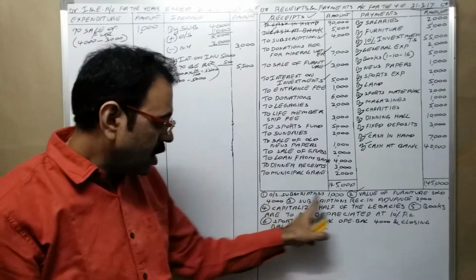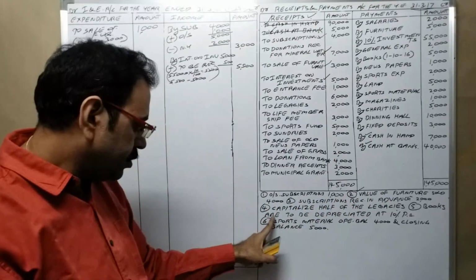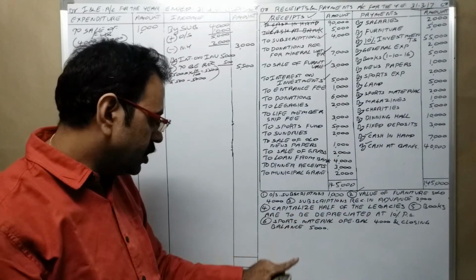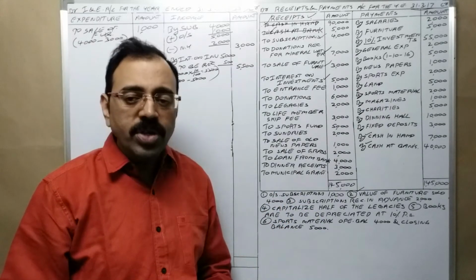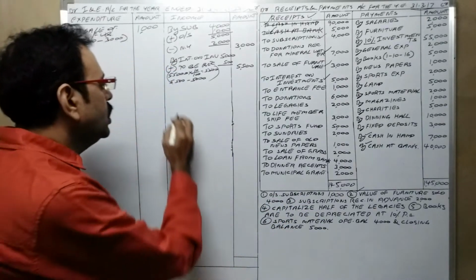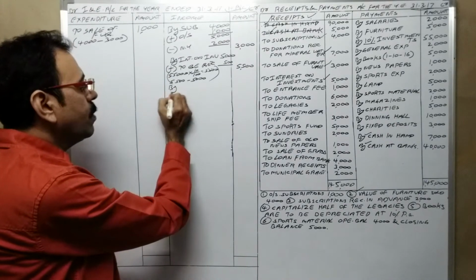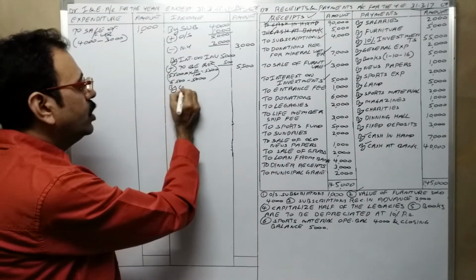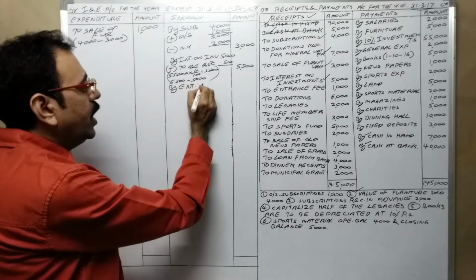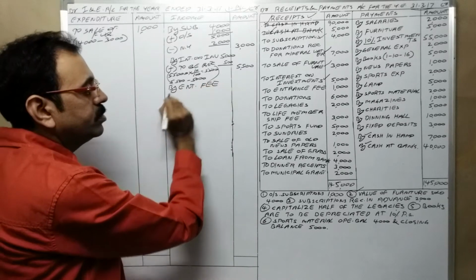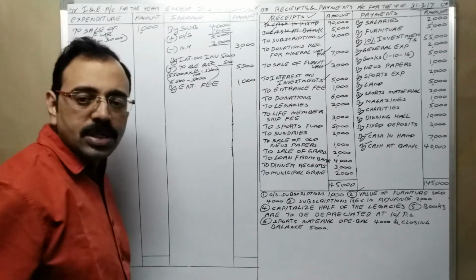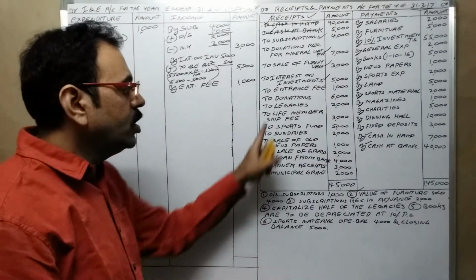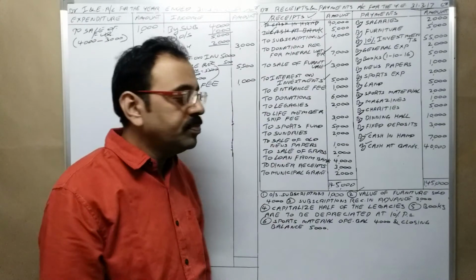Let us see the adjustments. Yes, nothing is given regarding entrance fees. Then what should we do? Treat it as revenue income and write it down on the credit side. Entrance fee, amount is 1,000 rupees.